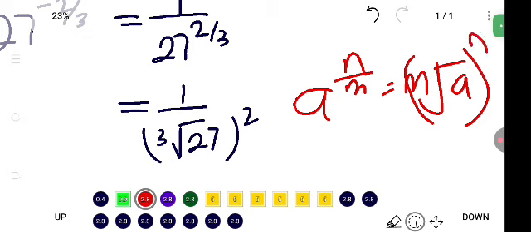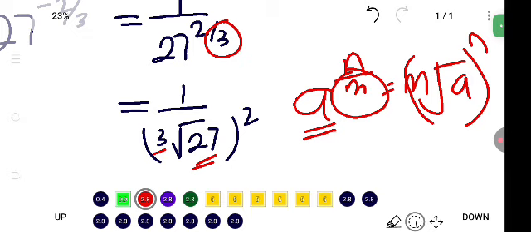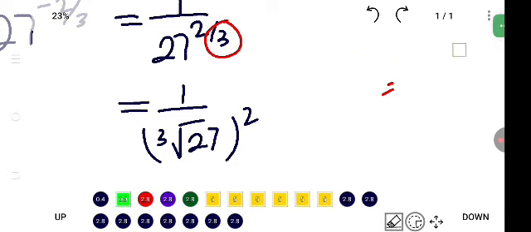So here we take the root, the root is the third root, which is 3. Then the a is 27, then raise to the corresponding numerator, which is 2. So that gives us 1 over third root of 27 raised to power 2. So we have to find third root of 27 and then raise it to power 2.